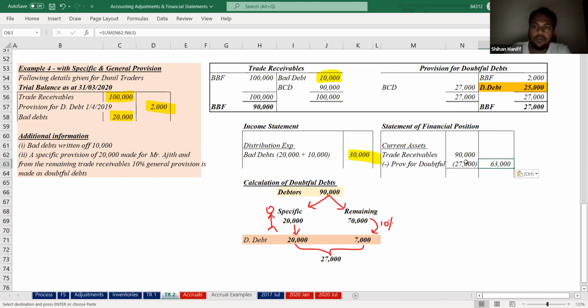So net amount is 90 minus 27. And for the income statement, we have to take doubtful debt 25,000. That's the double entry. Doubtful debt account debit, provision account.